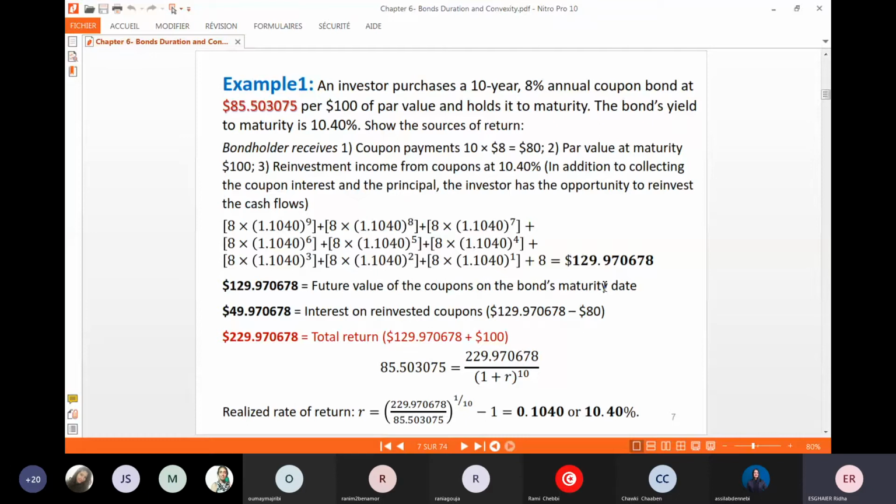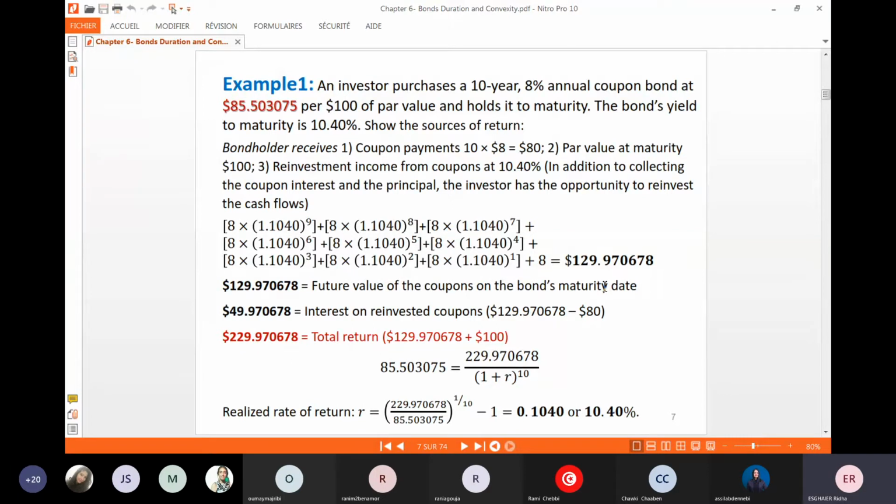If we have cash to be invested, the reinvestment rate is 10.4%. That is the market interest rate, that is the reinvestment rate that we can use without altering the risk of our investment. That is the required rate of return that reflects the level of risk of this particular bond.